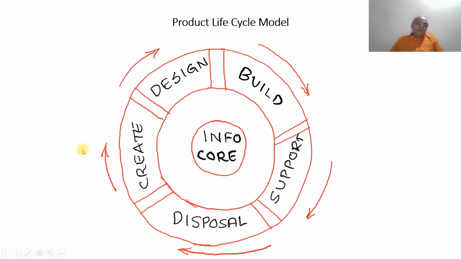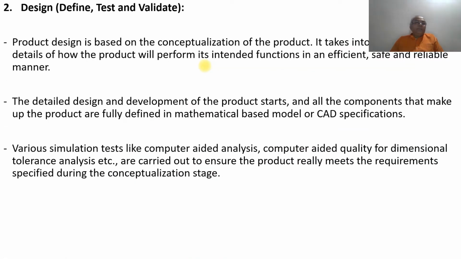Then the next step is the design. That means once you go for the creation, next we go for the design of the product. To do that, define, test and validate. These are the main activities performed in the design. The product design is based on the conceptualization of the product from the creation. What is conceptualization?